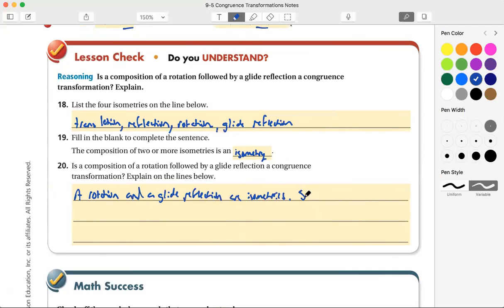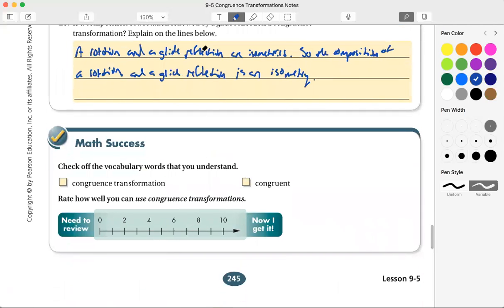So the composition of a rotation and a glide reflection is an isometry. And that's the end of this section.